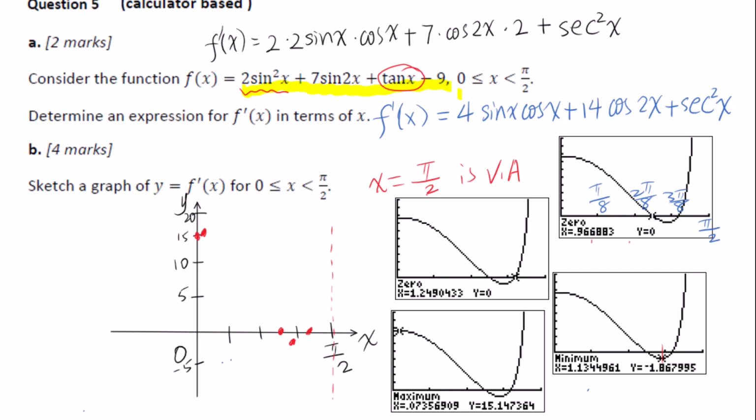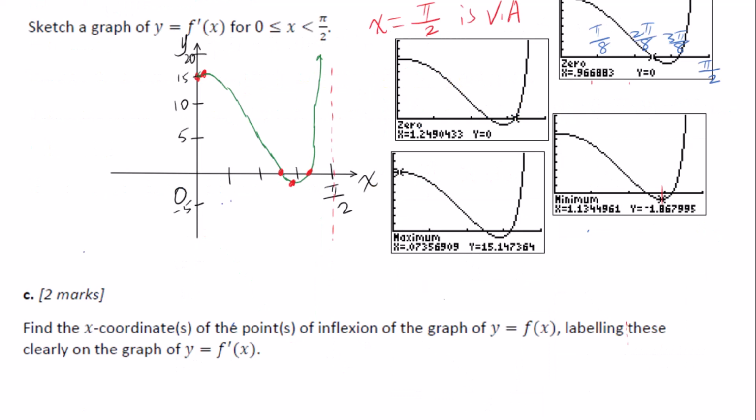We will connect these 5 points. Do not cross x equals pi over 2 because it's an asymptote line.